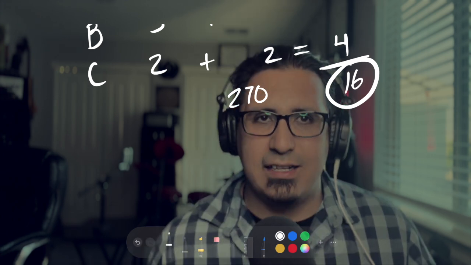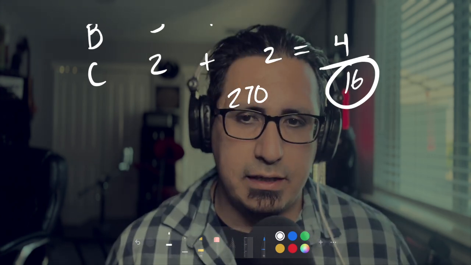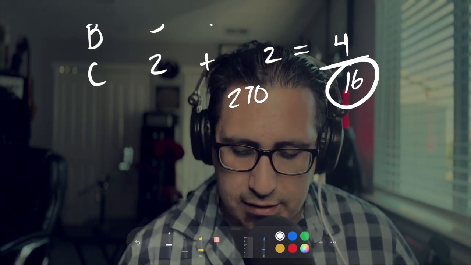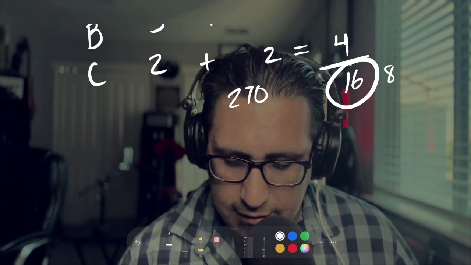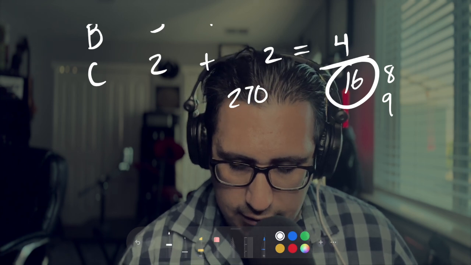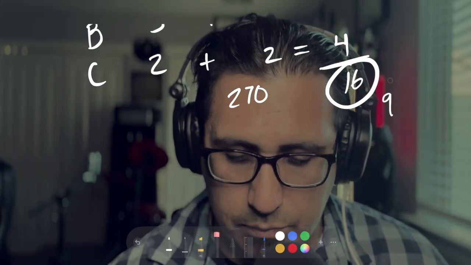I think 269 is the halfway point, so 270 would get past the halfway point. So in this case, half would be 8, so plus the 1 would be 9. 9 is what we would need to win.